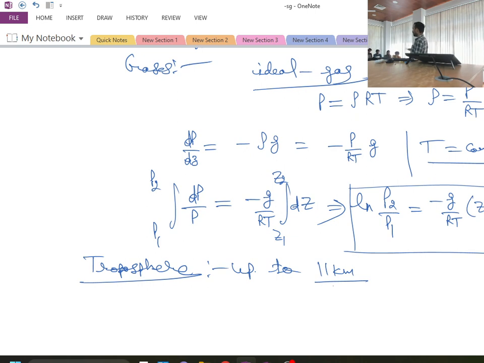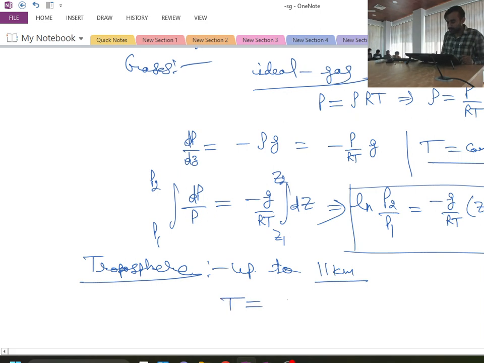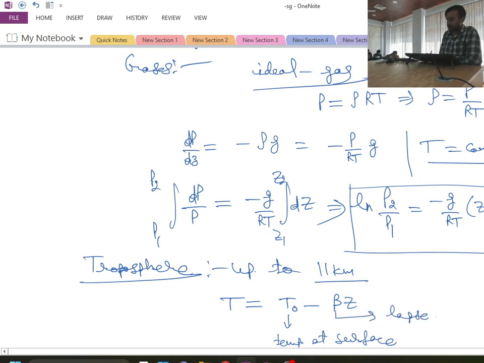So as we move away from the surface of the Earth, the value of temperature decreases in a linear fashion. So I can write that T equals T naught minus beta Z, where T naught is the temperature at the surface, Z is elevation, and beta is something which is called the lapse rate.